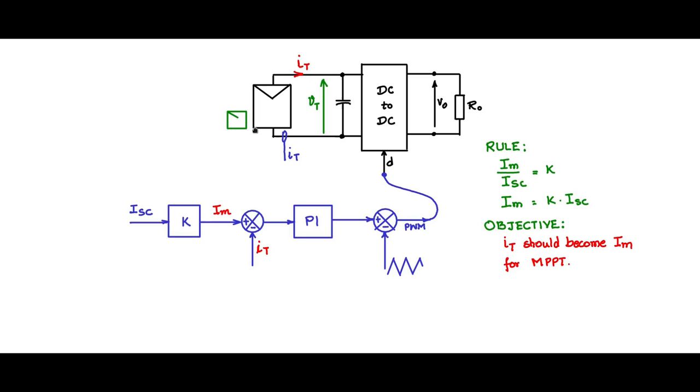So I will put another small cell, a reference cell, in the neighborhood of this power delivering PV array or PV module. This reference cell is not going to deliver any power; it will be a small cell. This cell I'm going to short circuit.